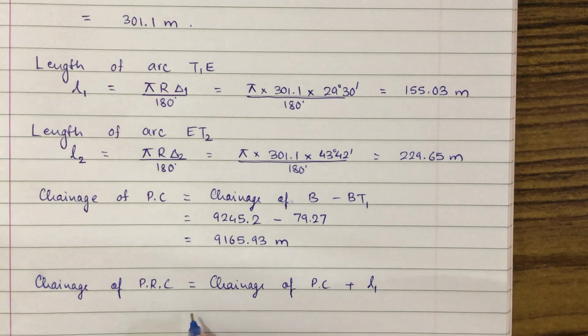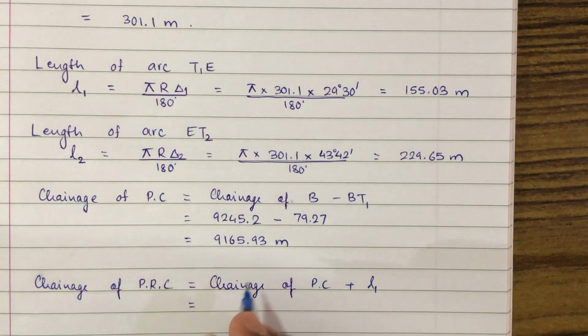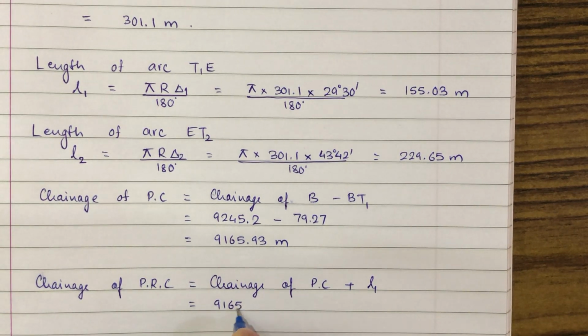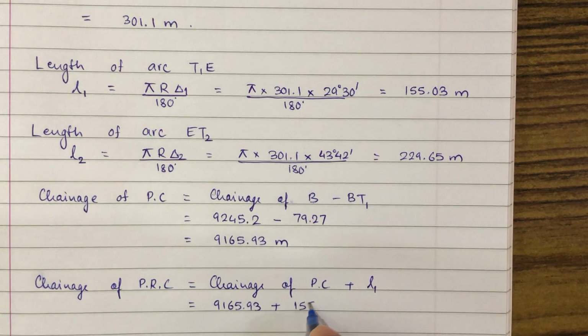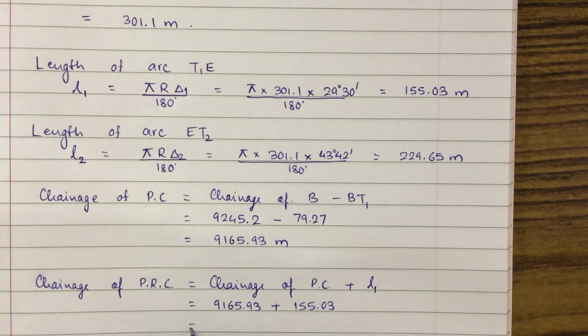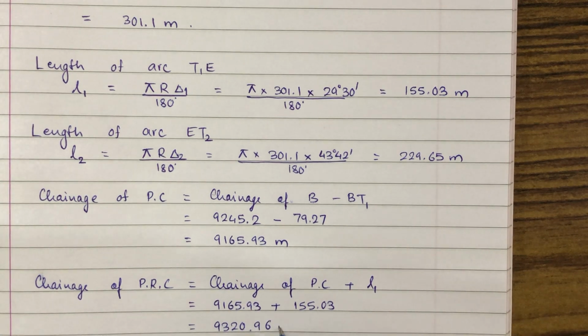The chainage of PC is given as 9165.93 plus L1, which is 155.03. This value comes out to 9320.96 meter.